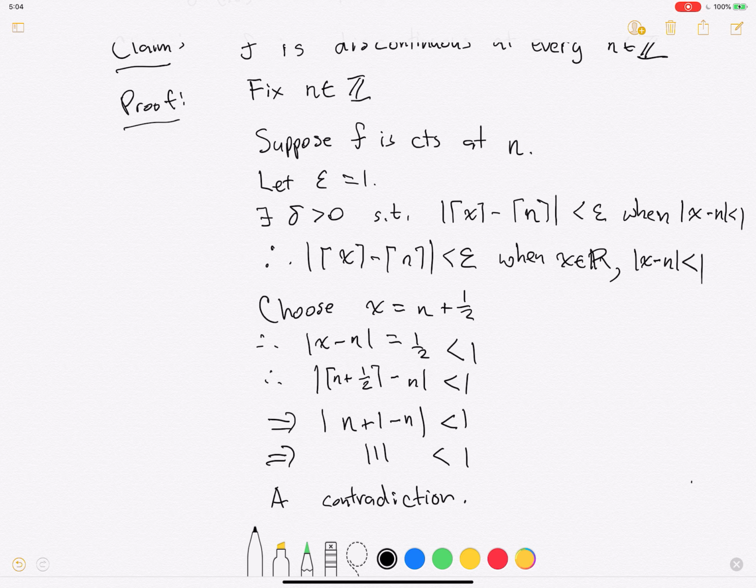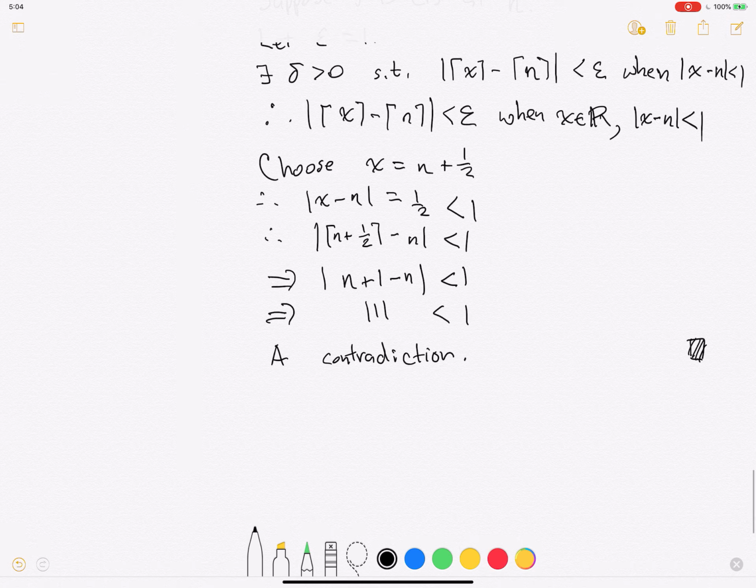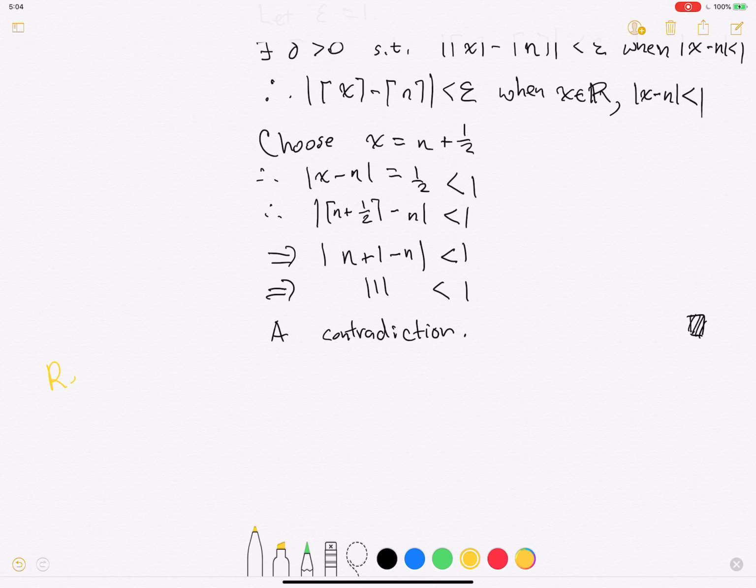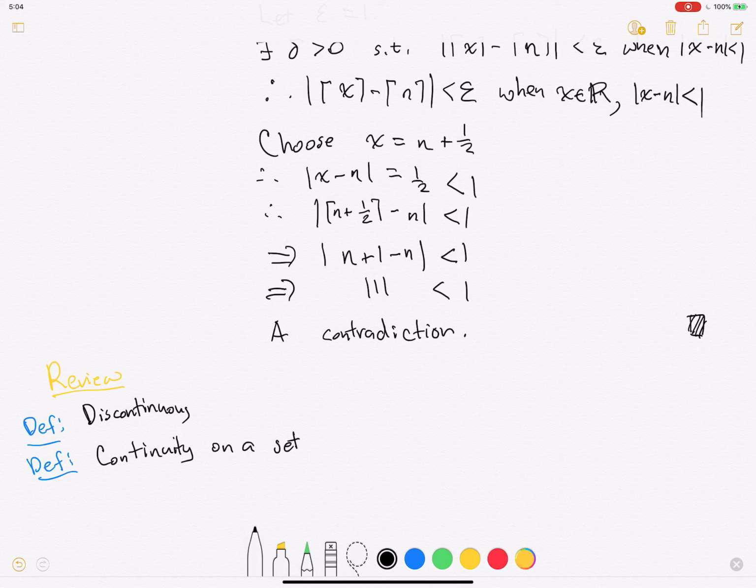Okay, and that's it for this lecture. Just to review, we looked at what discontinuous meant. We defined continuity on a set. We defined Lipschitz functions and constants.